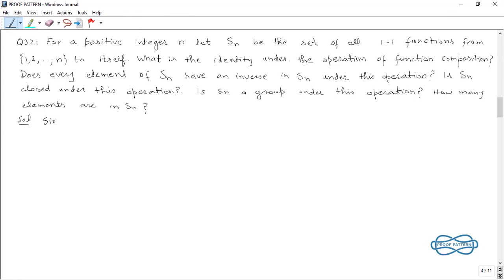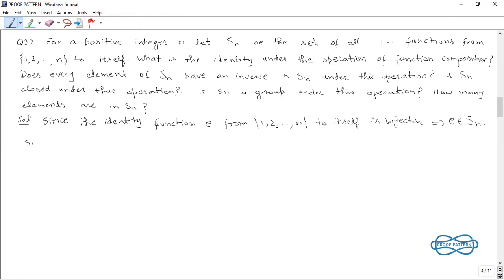Since the identity function, which we denote as E, from the set 1 to n to itself is bijective, this implies this identity function belongs to Sn, because Sn is a collection of all one-to-one functions from the set to itself.